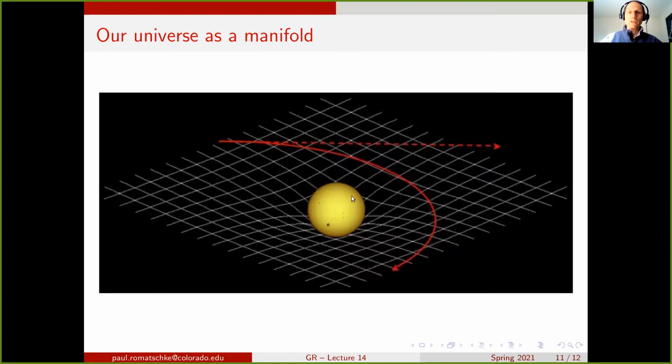So if a gravitational object like the sun deforms the manifold, then the path of a particle, let's take a planet or an asteroid, would no longer be moving on straight lines, but along geodesic lines. And if the curvature is just right, then we can, for instance, have a closed orbit, which is a geodesic that goes around in this manifold. So basically, the idea will be that we'll replace the notion of a force in a flat space-time by the notion of just geodesics in manifolds with curvature. That will be the idea.